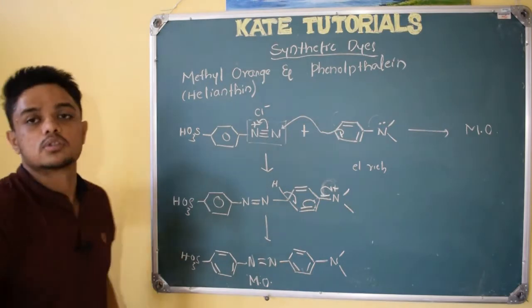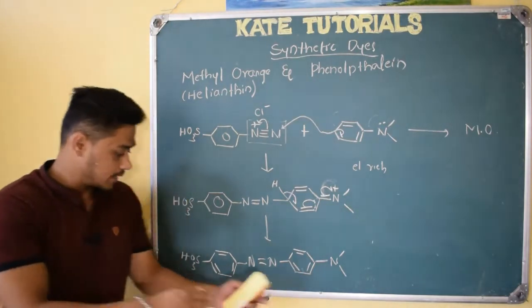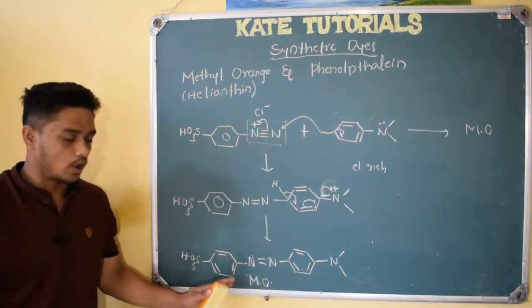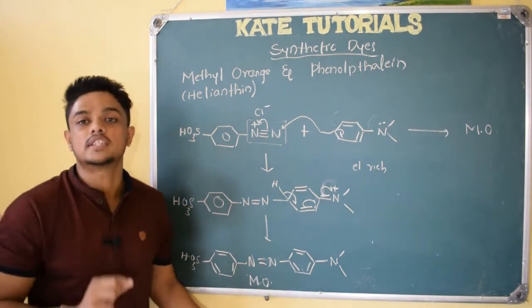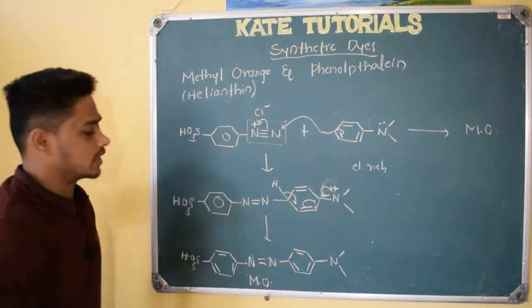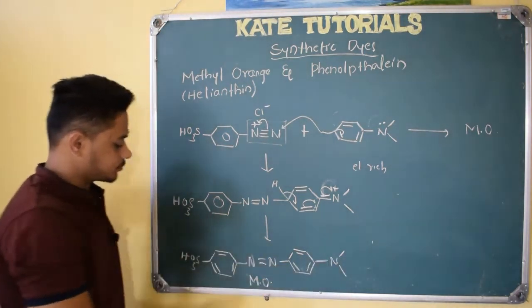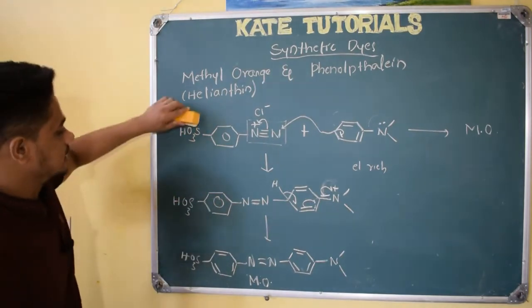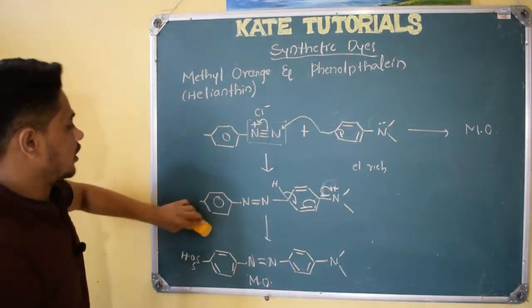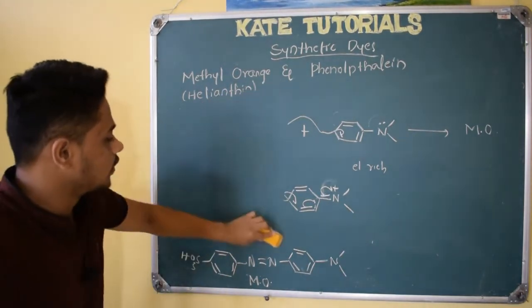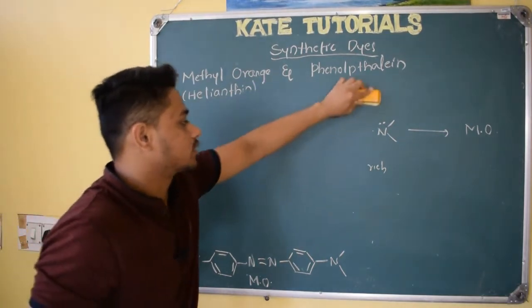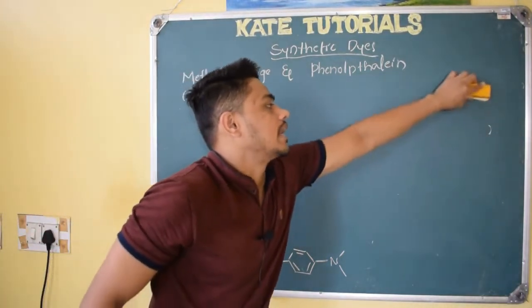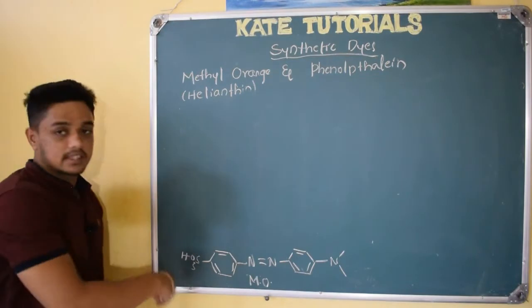At room temperature, in common conditions, it looks orange in color, so we call it methyl orange. So this is the synthesis step of methyl orange. Let us see how it acts in the presence of base and in the presence of acid, that we shall see. So this is the structure.